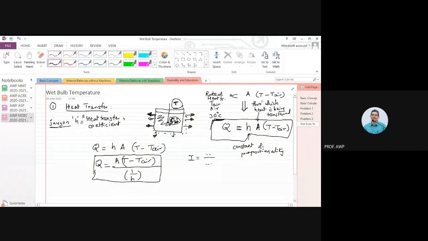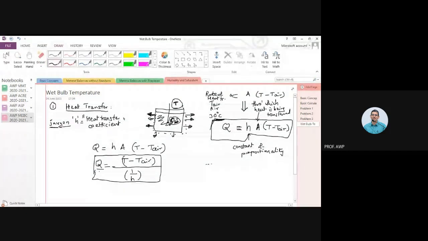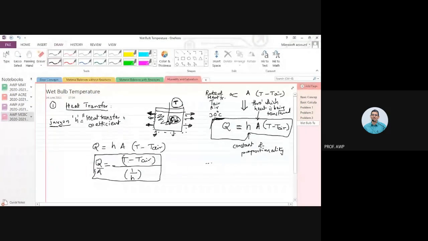I is what? Current. So voltage upon resistance, right? So this is like the flux, or this is like the rate of heat transfer. So I will say Q by A, that's our flux, going out of that box. T minus T air is like the voltage.